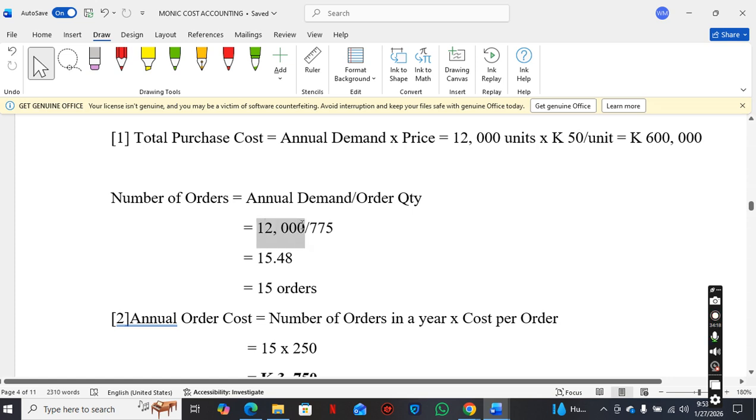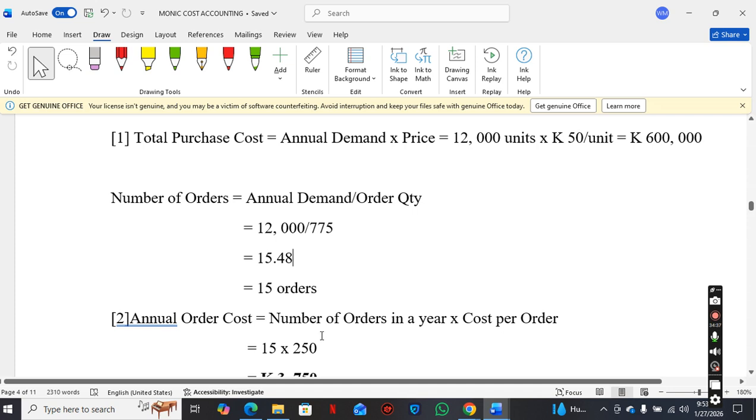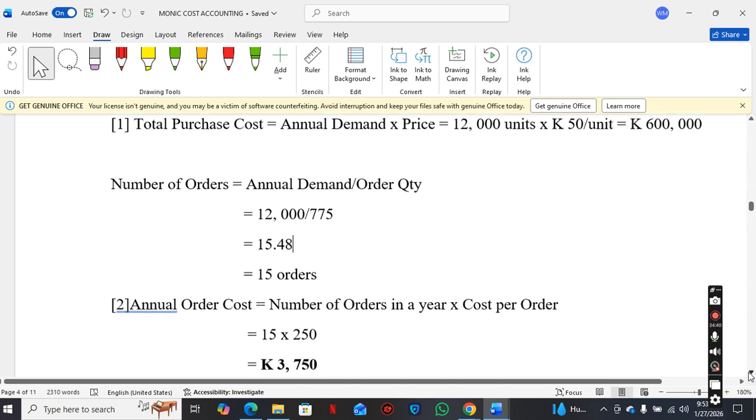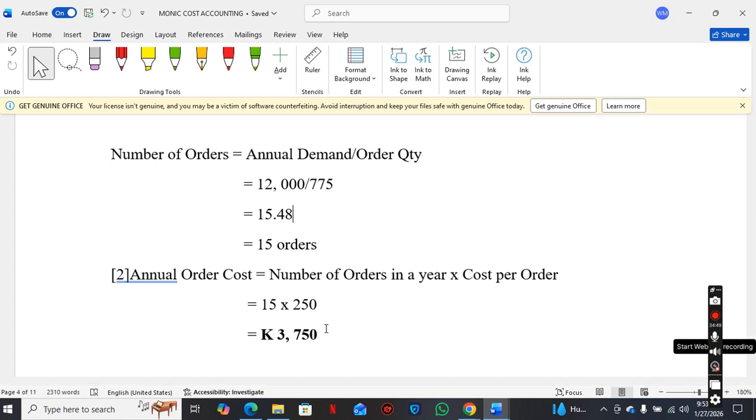So 12,000 divided by 775, we get 15.48, which equates to 15 orders. So that year you're going to make 15 orders. Each order costs you 250 kwacha. So 15 times 250, 3,750 kwacha. That will be your annual order cost.